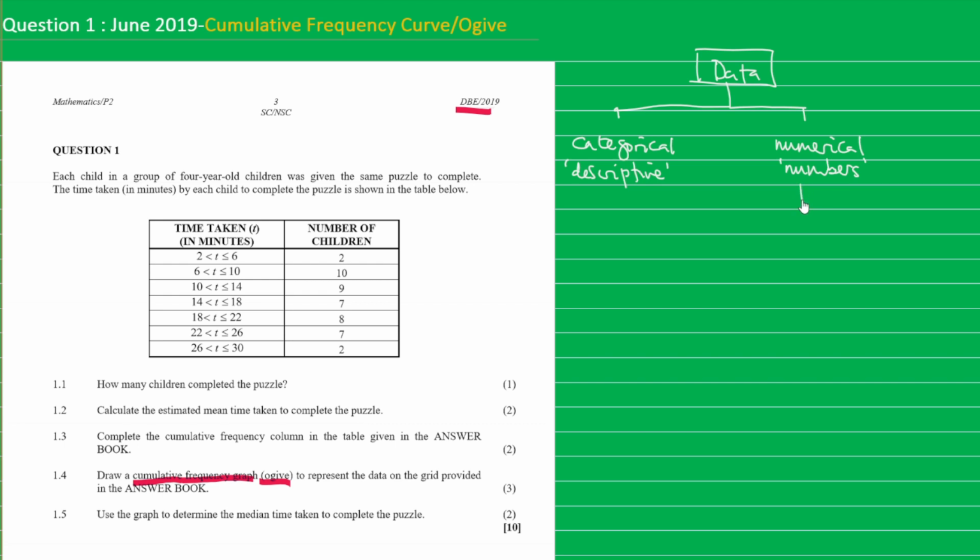Now, this numerical data, we can further classify into two. There is what is called discrete data, and then we have what is called continuous data. Discrete data is mainly data to do with counting, and continuous data is to do with measurement.